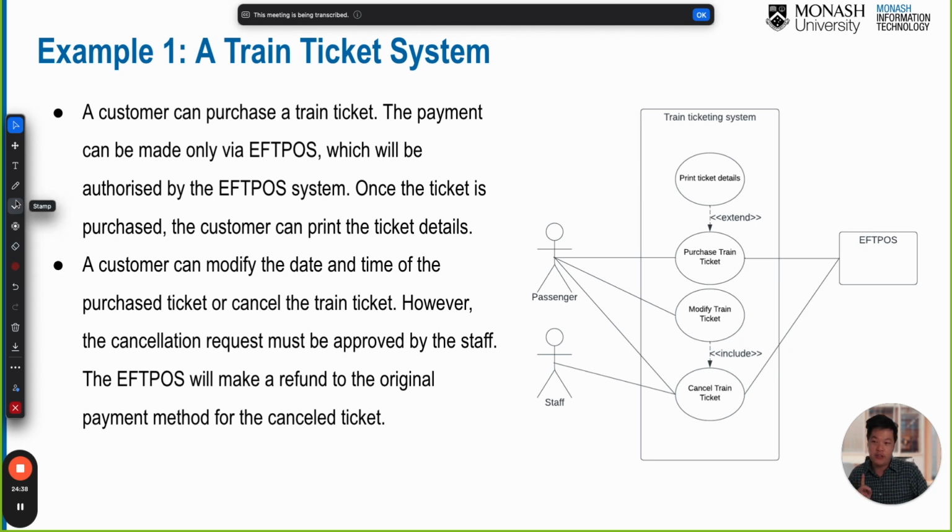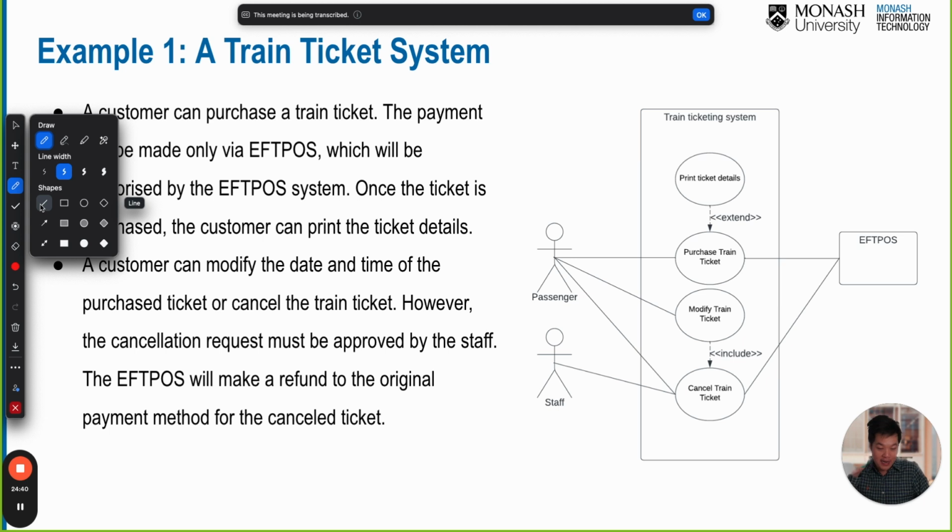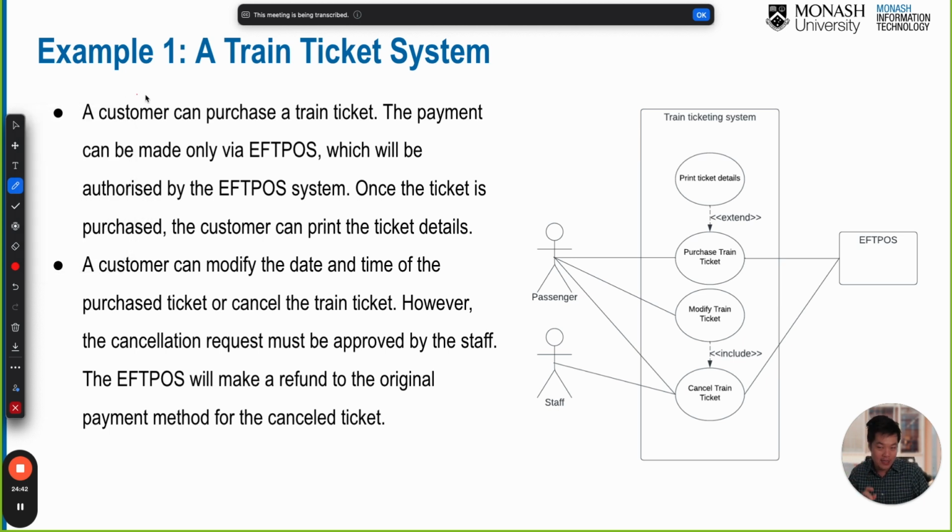First, what we need to do is identify the actors. Who are the actors here? First, we have the customer as an actor. The payment can be made only via the EPOS. This is the third party actor which will authorize the payment.